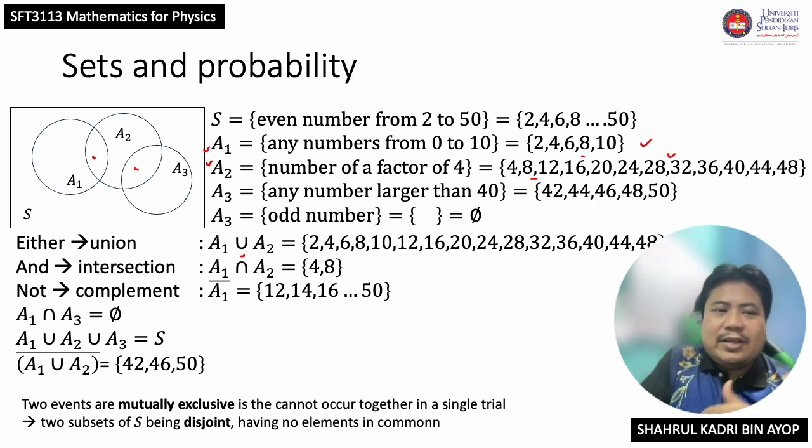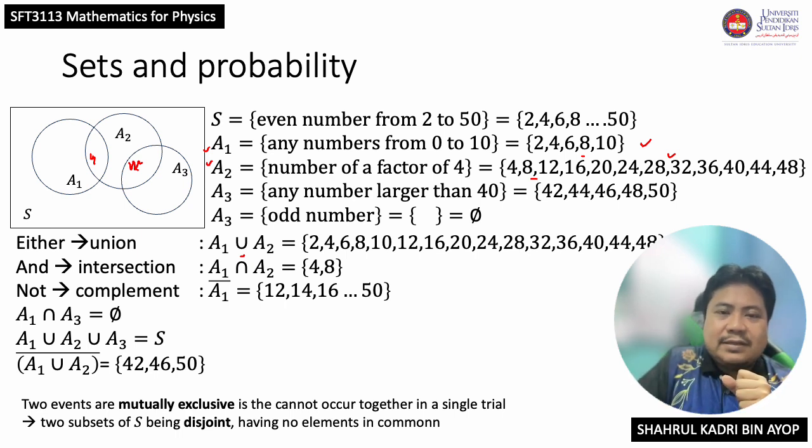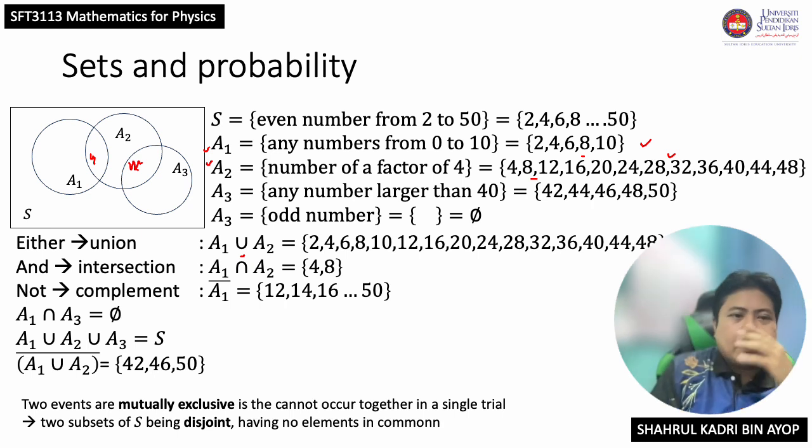All right. So if we carefully group them into their events, you can have two areas of intersection here. From the picture, the intersection between A1 and A3 is nothing. There is no element which satisfies both A1 and A3.